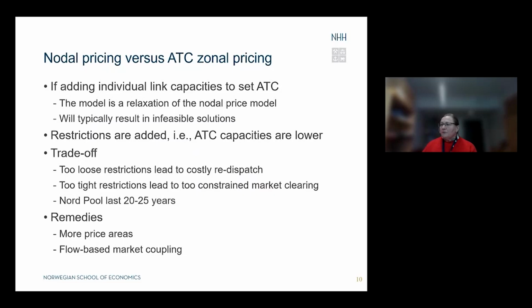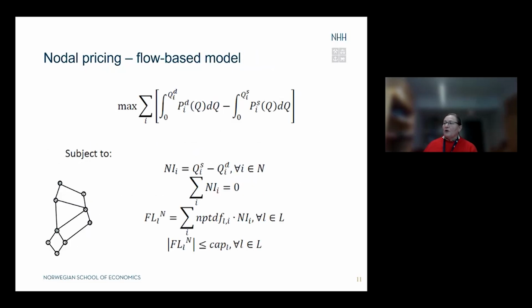The remedies that we have been using in the Nordic areas so far are to have more price areas. In Norway, we had an increase from 2 to 5 price areas. And in Europe, and now also in the Nordic market, we have introduced this flow-based market coupling. I'll just give an intuition of what that is.